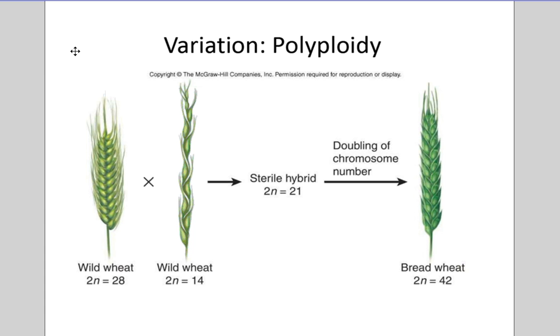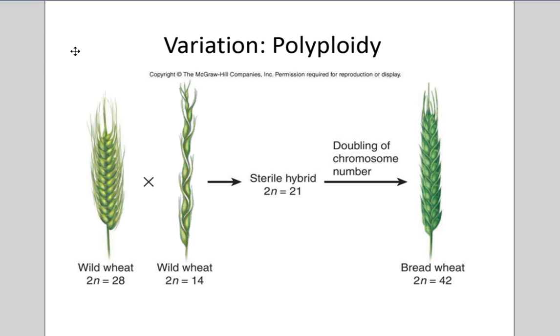Another type of variation, particularly found in plants, is called polyploidy. This is when an organism has an extra set of chromosomes, typically because of some problem like non-disjunction in meiosis. When two plants reproduce, the resultant offspring may have more chromosomes than either one of the parents.